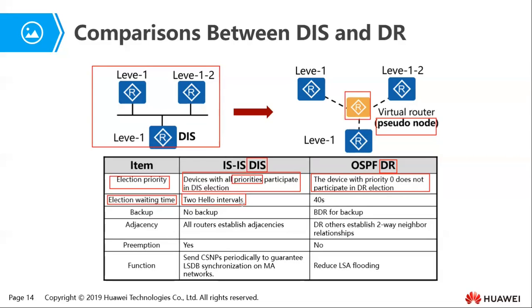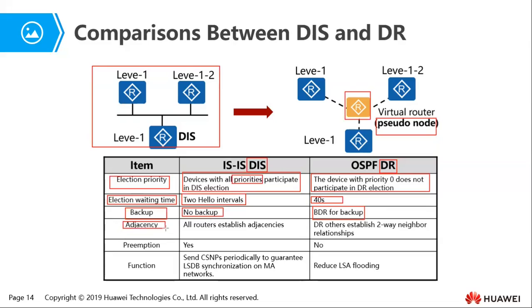So it will wait for roughly 20 seconds before they begin the election. But in OSPF, after establishing the neighbor relationship, they have to wait for 40 seconds. Backup: we know that in OSPF we have a BDR and we know the purpose of the BDR, but in IS-IS we only have the DIS, we do not have a backup.